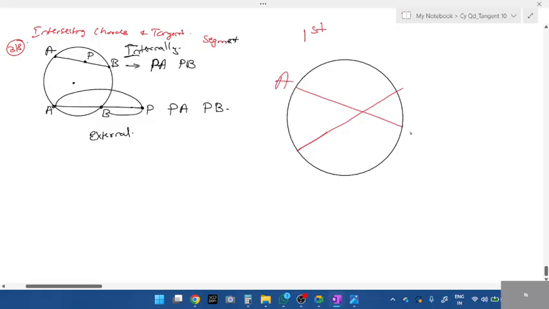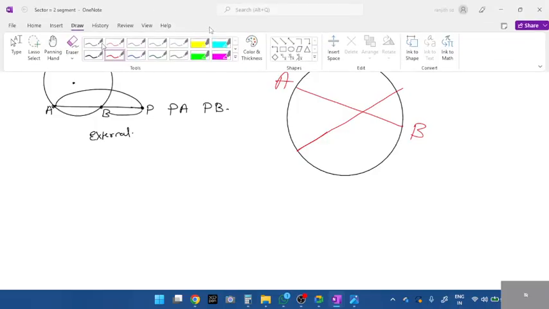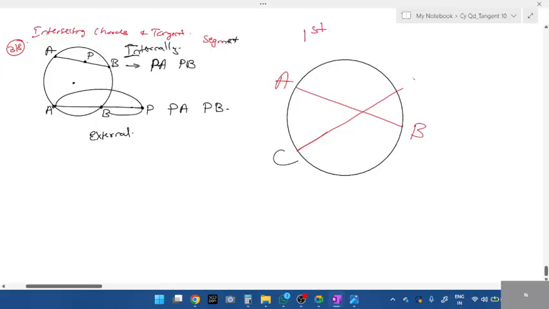This chord I'll name it as A and B. Okay, next chord C and D. The point where it touches, P. This P is common to both, right? All of you will respond. P is common to both. And where are these two chords, students? Internal or external? Where is point P? It is internal, right?